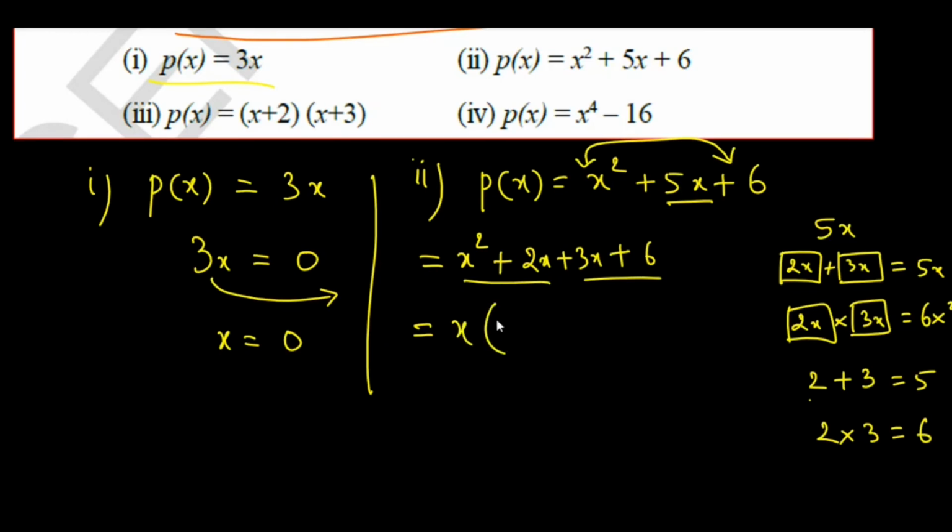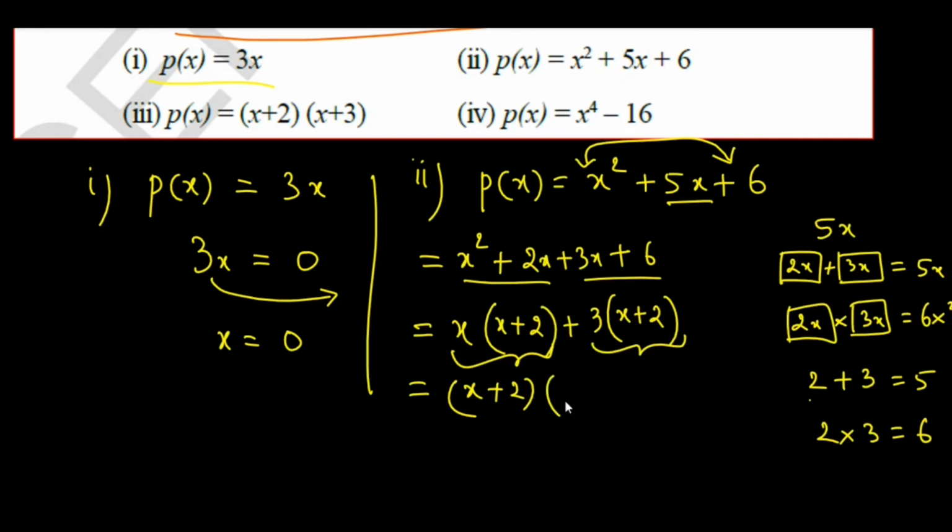So x into x plus 2. Here also we can take 3 as a common factor. So plus 3 into x plus 2. In these two groups, x plus 2 is a common factor. So x plus 2 is taken as a common factor and the remaining is x plus 3. So we have written the quadratic polynomial as a product of two linear polynomials.